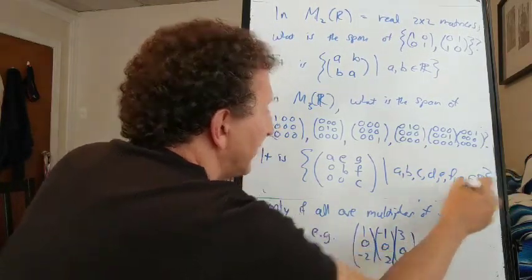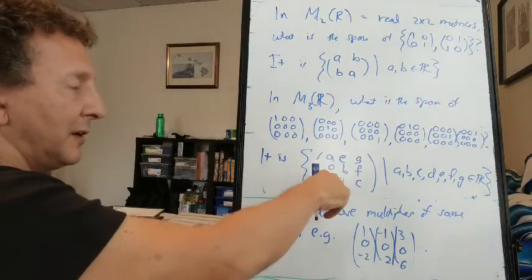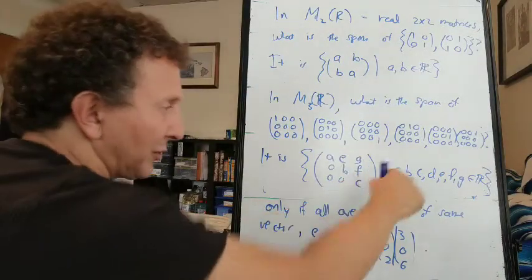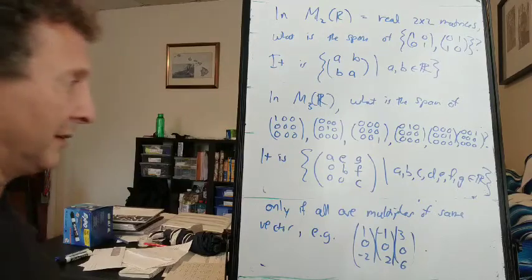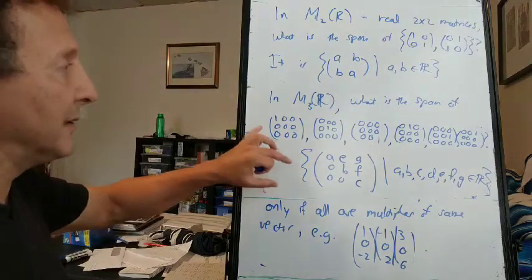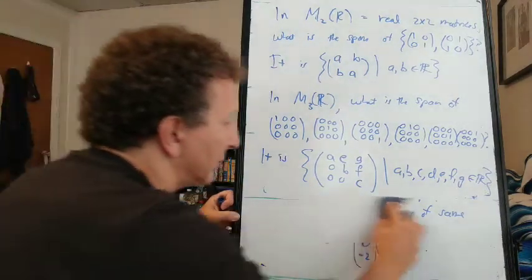So it's all the matrices we can get by putting numbers in these entries where those numbers could be anything real. So this is the space of upper triangular matrices.